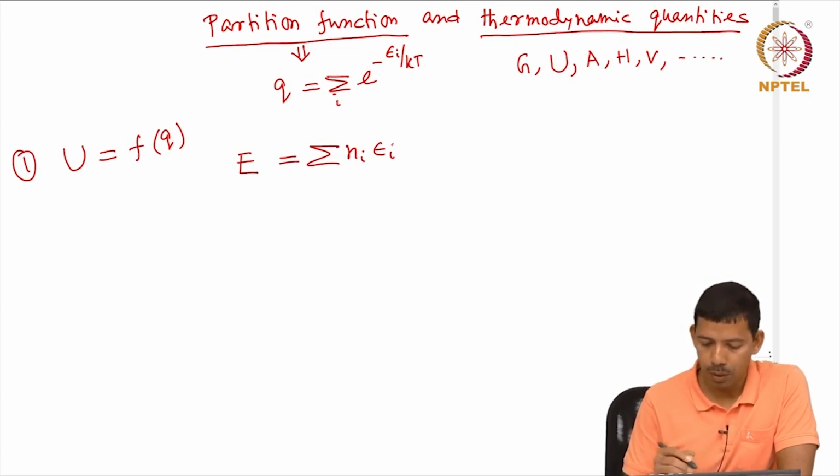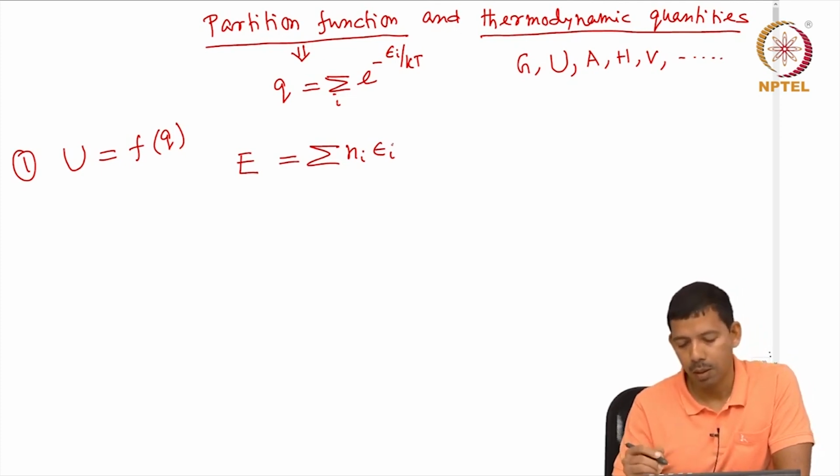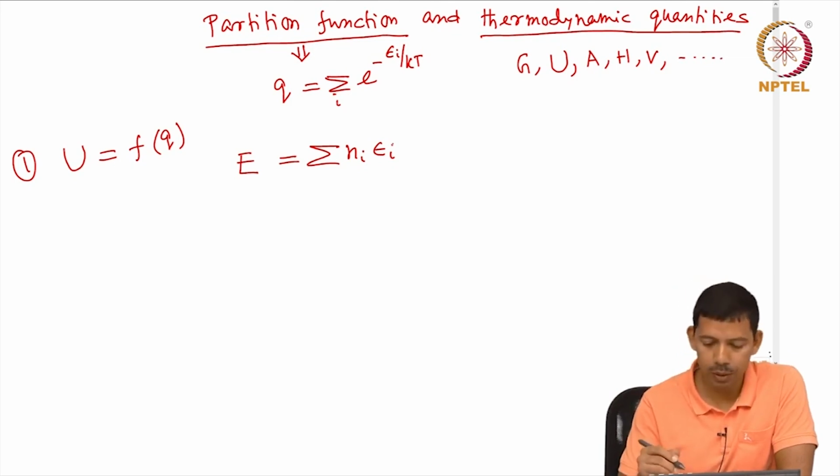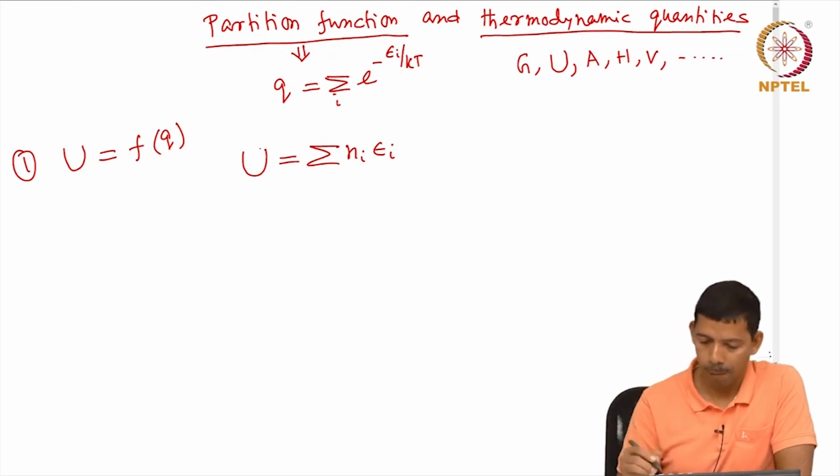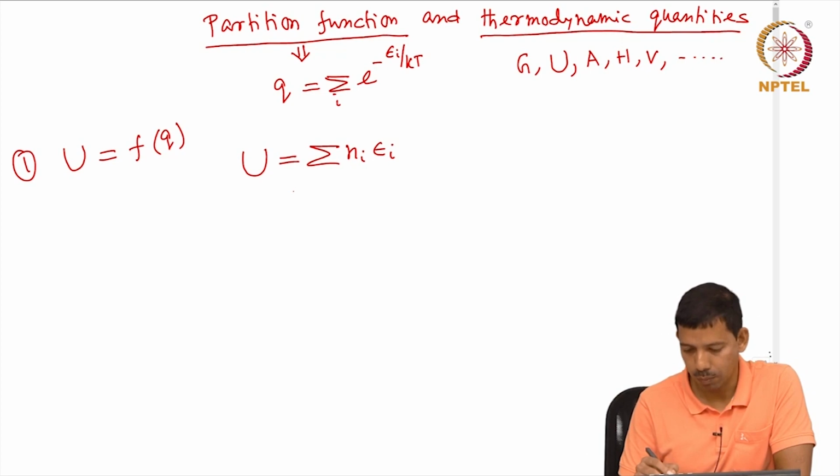If there is no external force, we can replace U with the total energy of the system, which is the internal energy U. So we will relate U with Q.